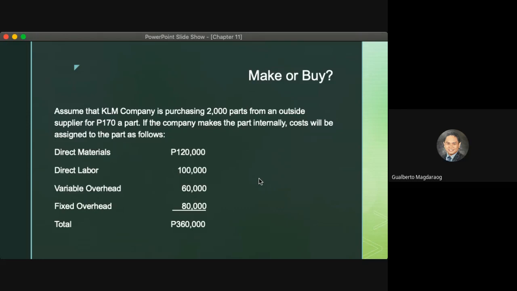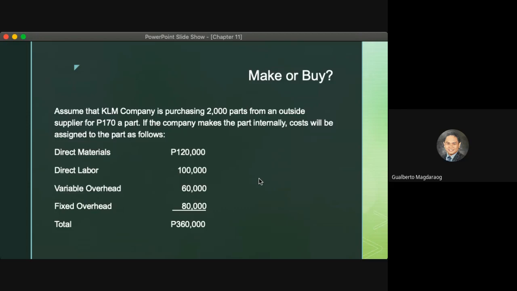So therefore, fixed overhead is irrelevant to that option. Kaya dapat i-drop natin tong 80,000 na to. Ang relevant lang is the direct materials, direct labor, and the variable overhead. The fixed overhead, if we will not make the parts internally, we will still incur the 80,000 fixed cost. So let us drop it.